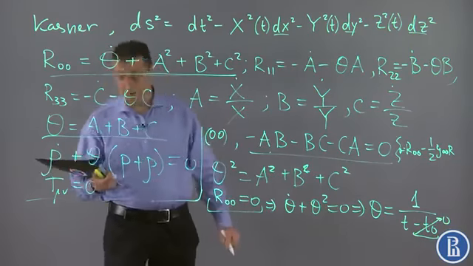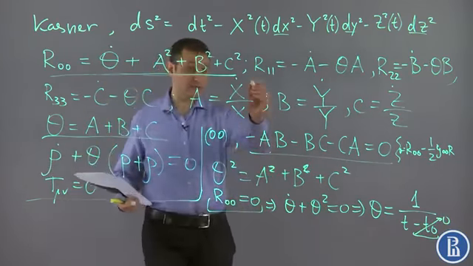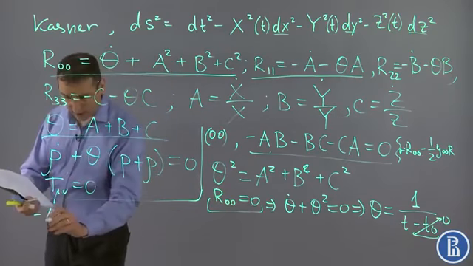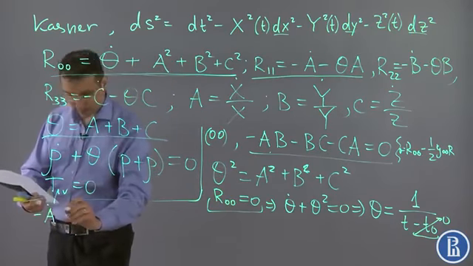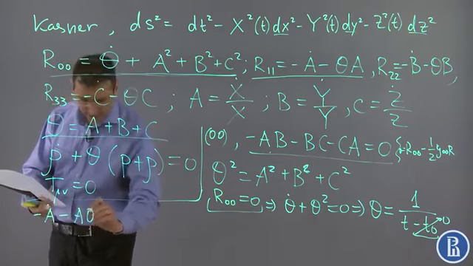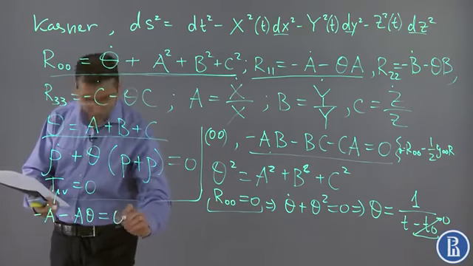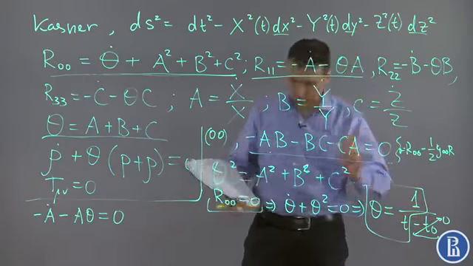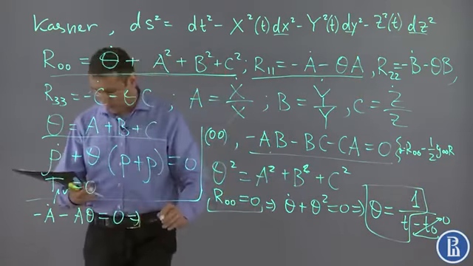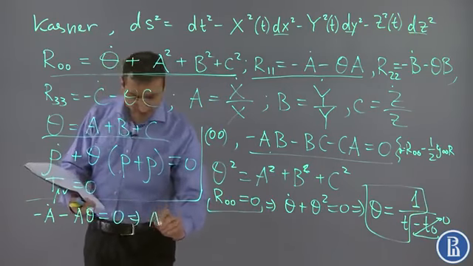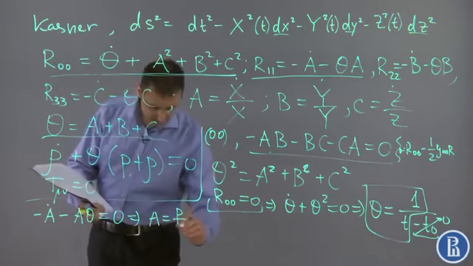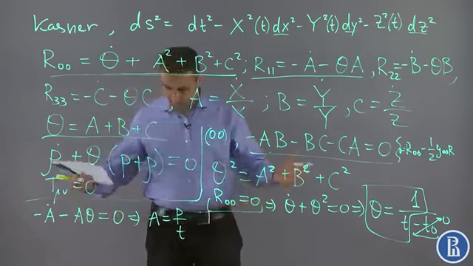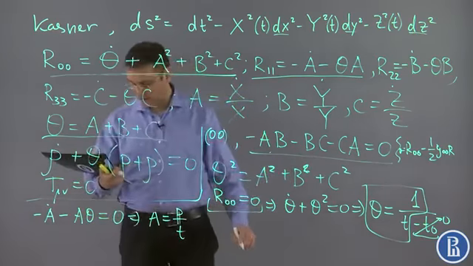Now one can use this equation to find that minus a dot minus a theta is equal to 0. From the fact that theta is equal to 1 over t, we obtain that a is equal to p over t, for so far any p. p can be any.